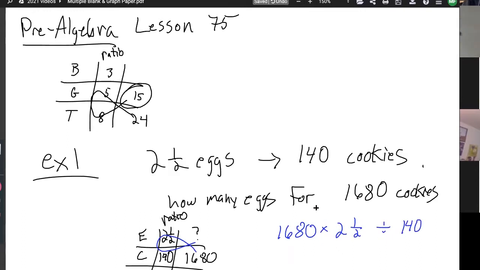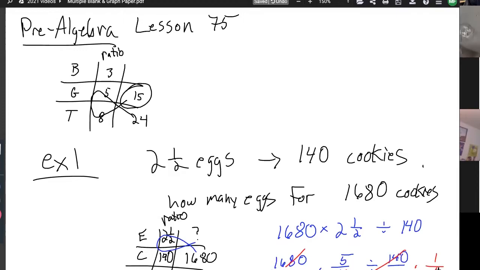Everybody good with that? So how do you multiply by a mixed number? Xavier, how do you multiply by mixed numbers? You don't. I think that's what he was going to say. So that's what we're going to do. 1680 times 5 halves divided by 140 over 1, or what we're going to do is multiply by 1/140th.